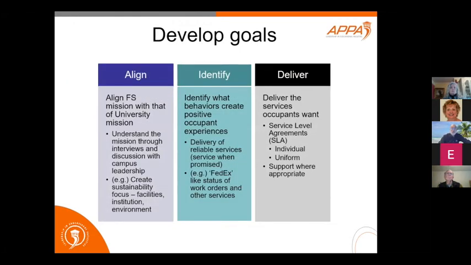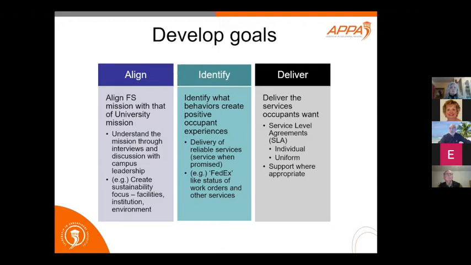Overall, we want to develop some goals, and that means alignment of the facility services mission with that of the university's mission. So we need to understand the mission. Maybe we do that through interviews or discussions with campus leadership, and we create a plan that may focus on the overall sustainability of the institution.